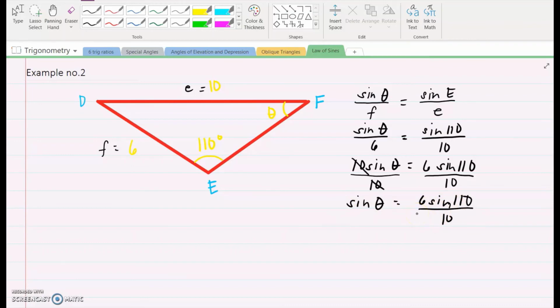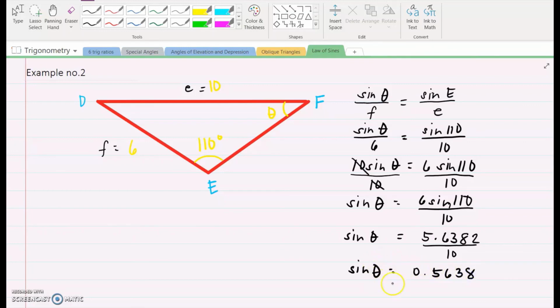In the numerator we have 5.6382, which is already rounded off, divided by 10. So sine theta is 0.5638.